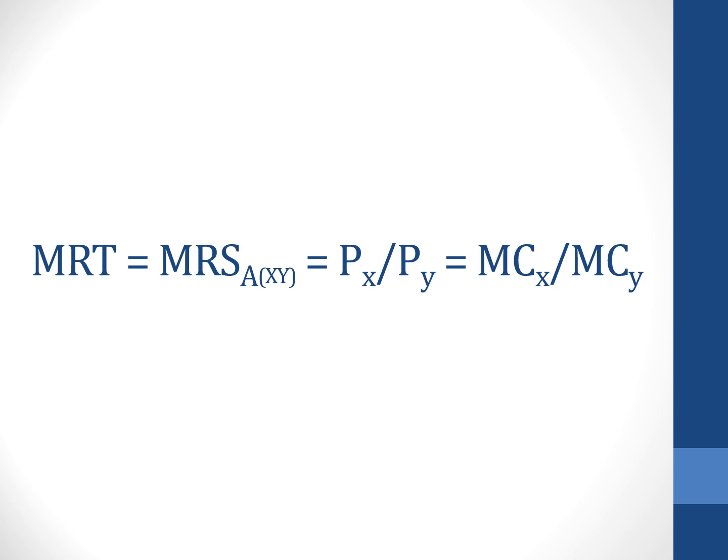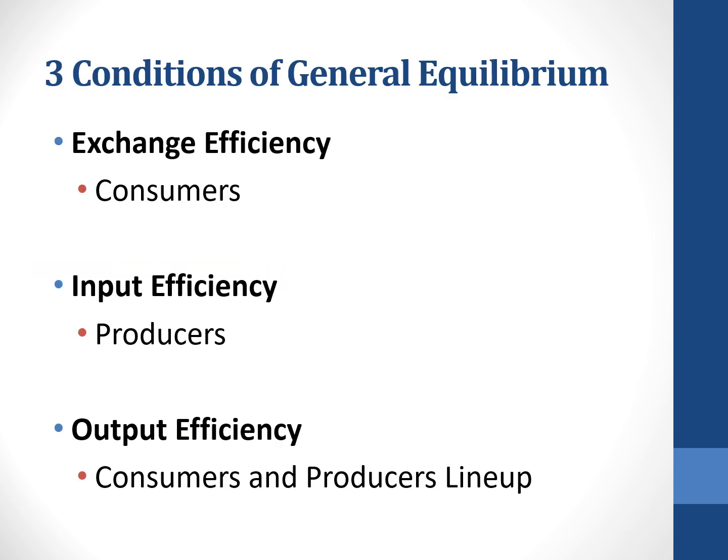This is the same as saying that it equates the ratio of consumers' marginal utilities of goods to the marginal costs of producing those goods. We get this overall efficiency in consumers, producers, and the entire market. We have reached our three conditions of general equilibrium. We have exchange efficiency, input efficiency, and output efficiency.